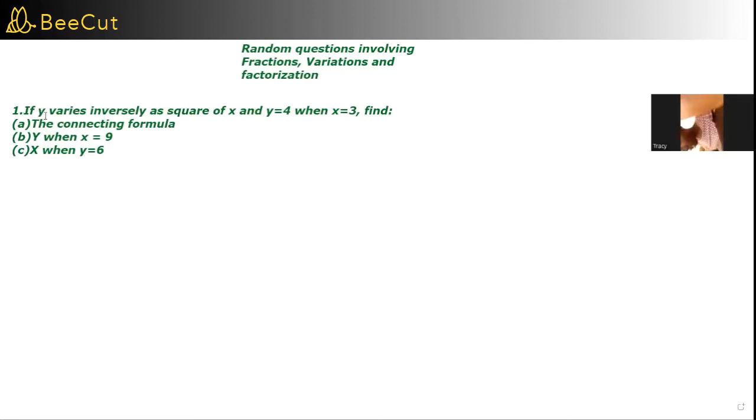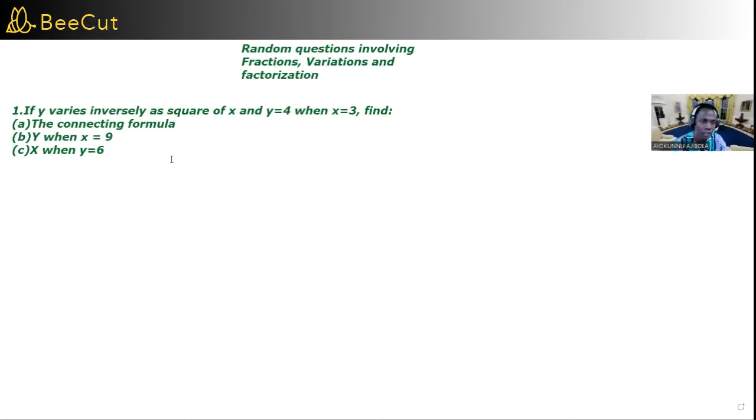Read the question if you can see it. If y varies inversely as square of x and y equals 4 when x equals 3, find the connecting formula, y when x equals 9, and x when y equals 6.